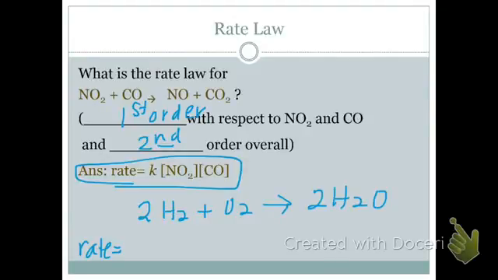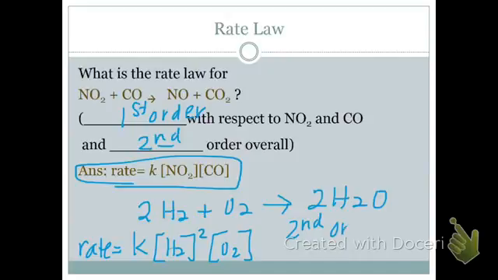Okay, so this would be rate is equal to k, and then we would say [H2] squared, and then [O2]. So it would be second order for hydrogen, first order for oxygen, and then what would it be overall? Third order overall.